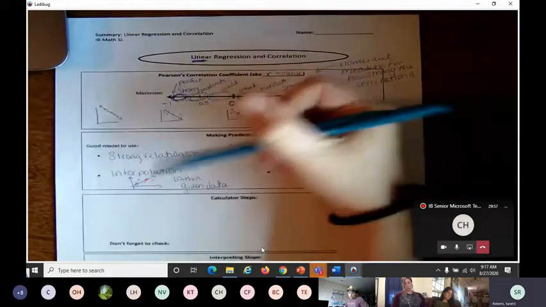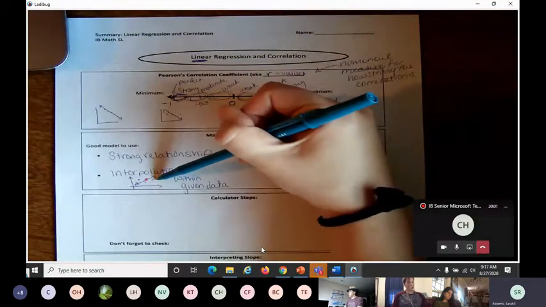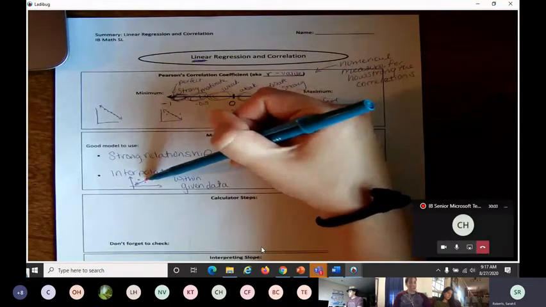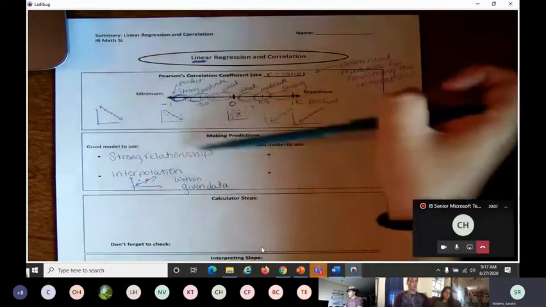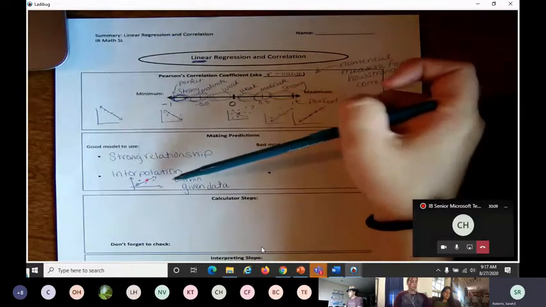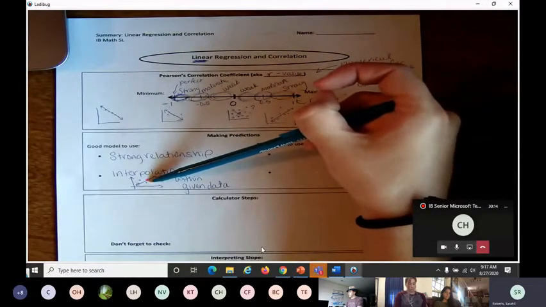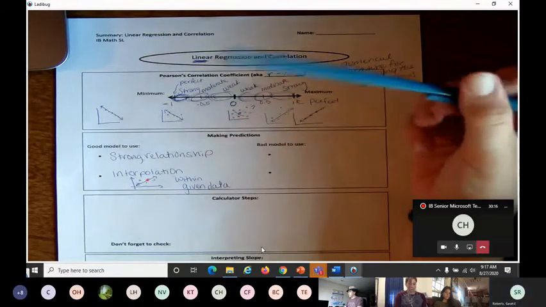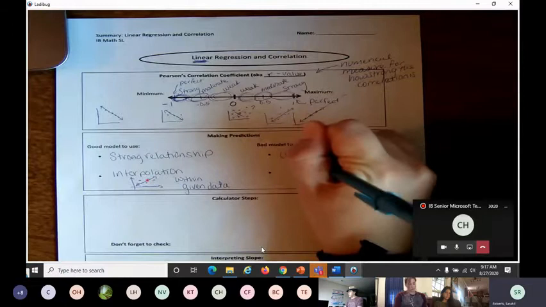Do you see how we have a data point down here, we have a data point past that pink point, and we just wanted to know something that was in the middle. So a good model to use is when we have a strong relationship and we have enough data so that the data point we're looking for can be interpolated. It can be within the given data. Bad models to use are going to be when we have a weak relationship.